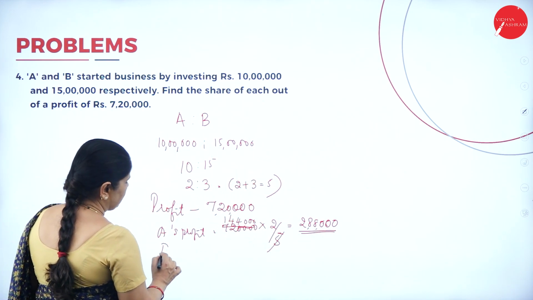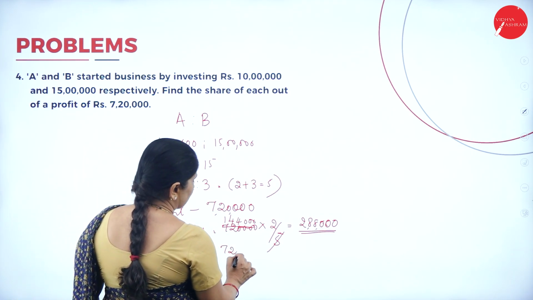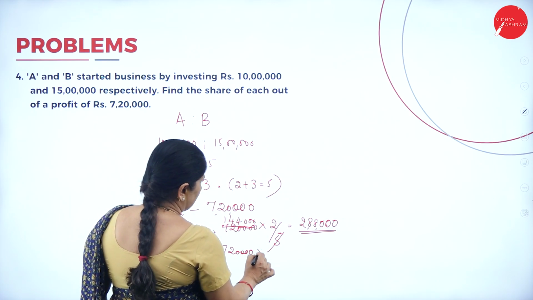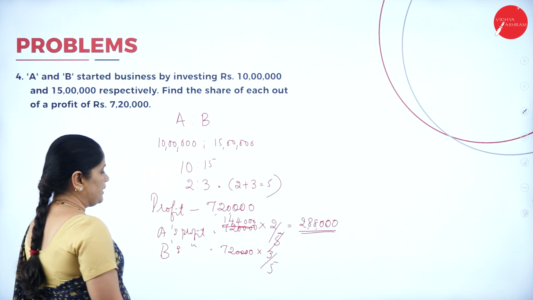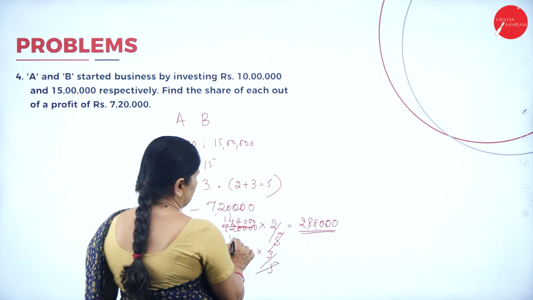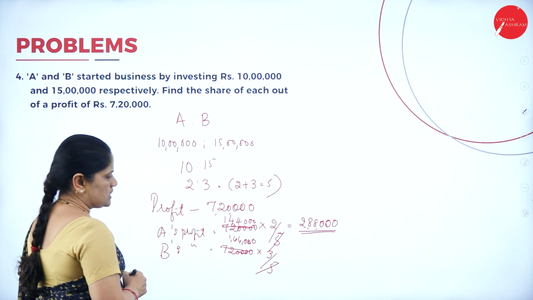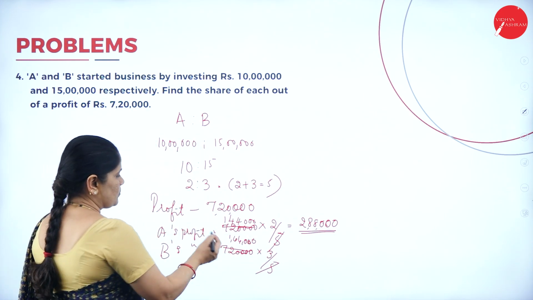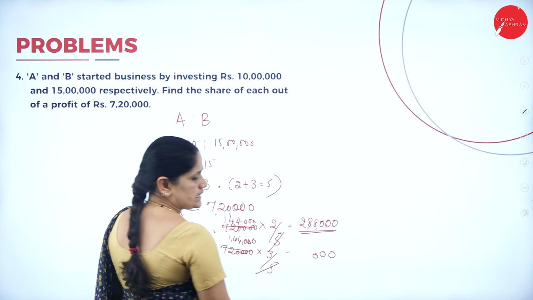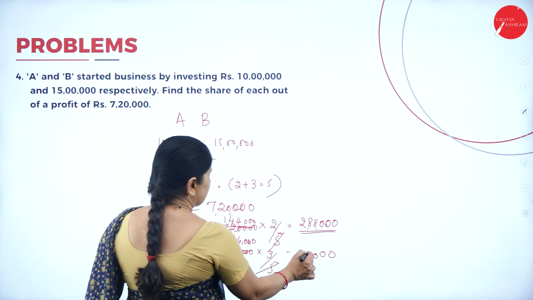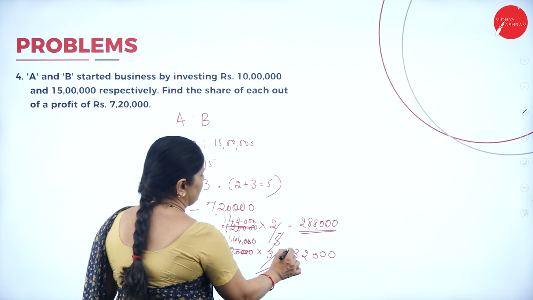Now B's profit will be equal to 7,20,000 into 3 by 5. Again we simplify this, I get 1,44,000 into 3. So when I multiply, 3 4s are 12, 3 4s are 12, 13, 3 1s are 3, 4.